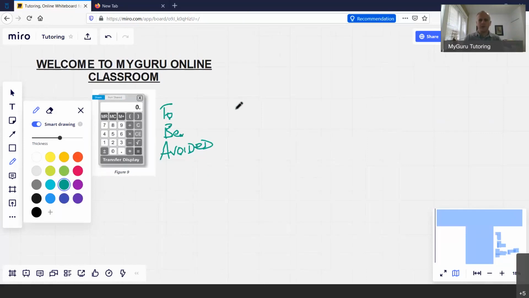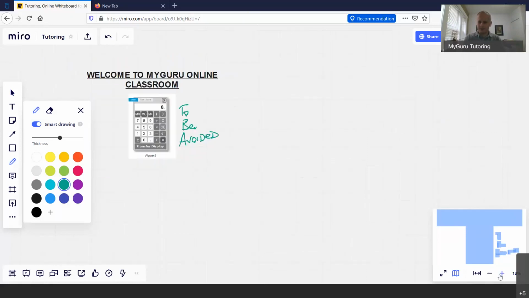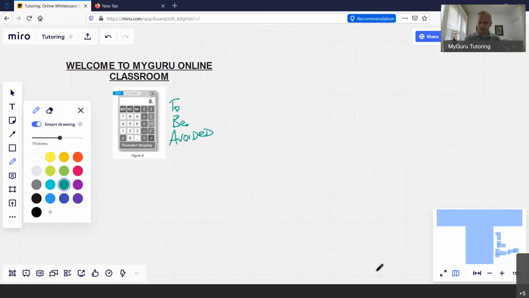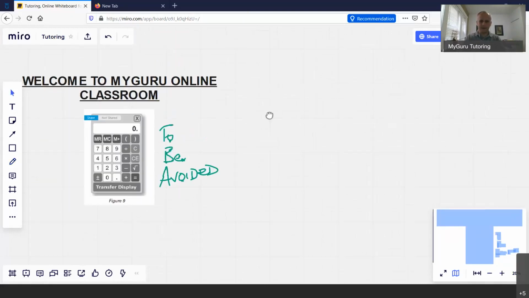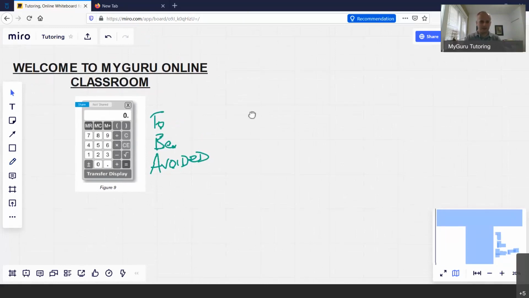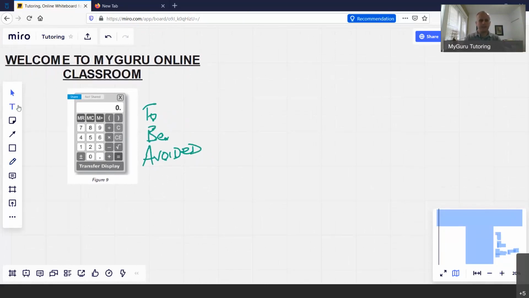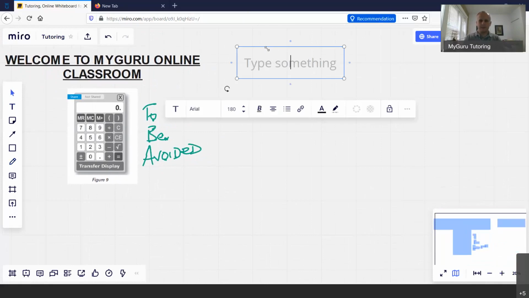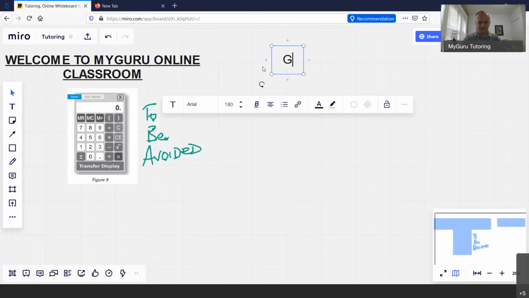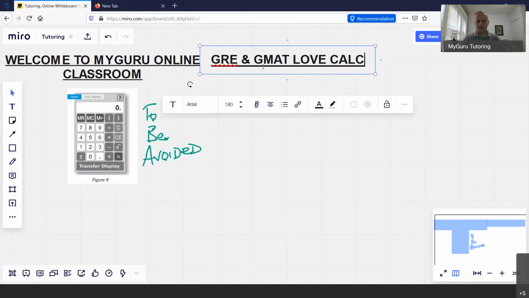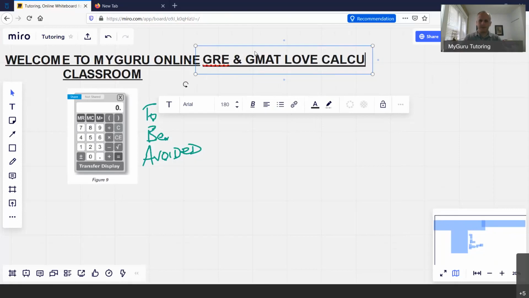One thing to remember about manual calculation on these exams across the board is that the GRE and GMAT love calculations as simple factors.